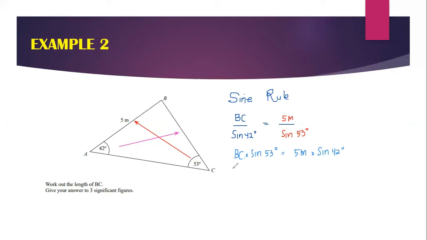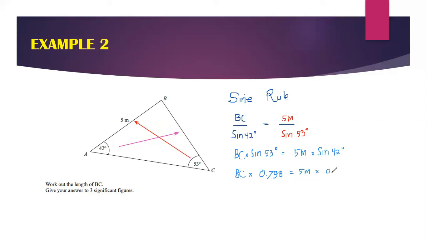Next, by using a scientific calculator, BC times sine 53, we got 0.798, equals 5 meter times sine 42.